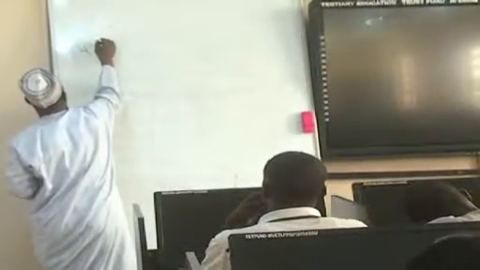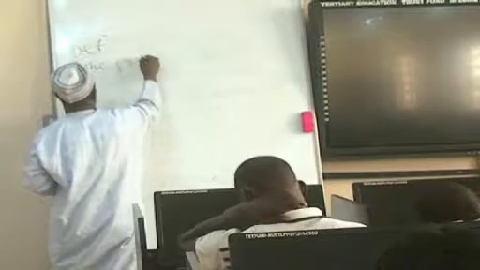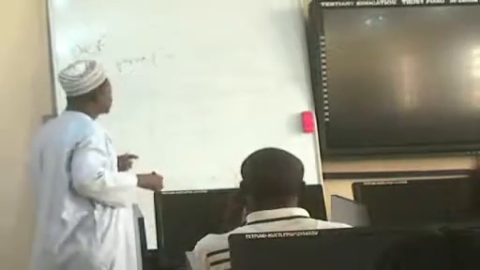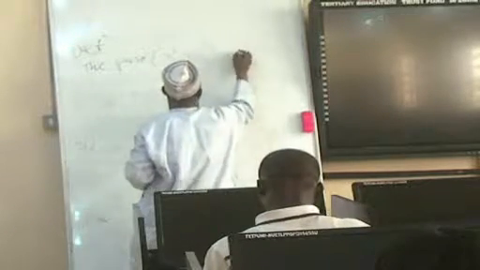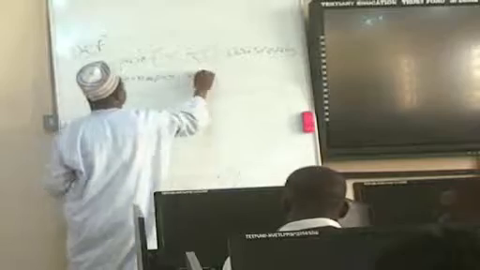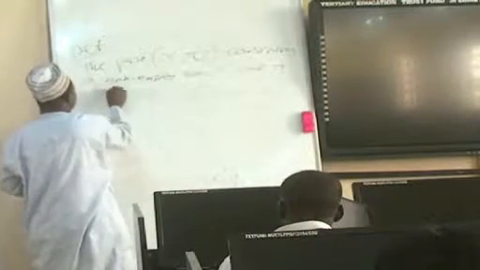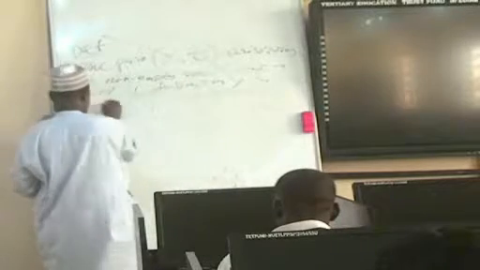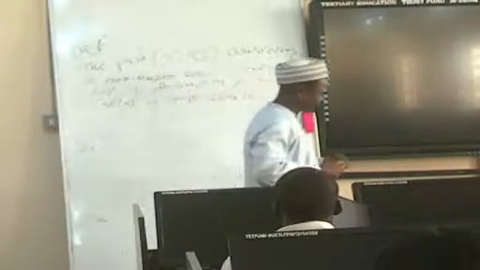Definition: the pair X with tau, consisting of a non-empty set X and a topology tau defined on X, is called a topological space. Underline this, topological space.